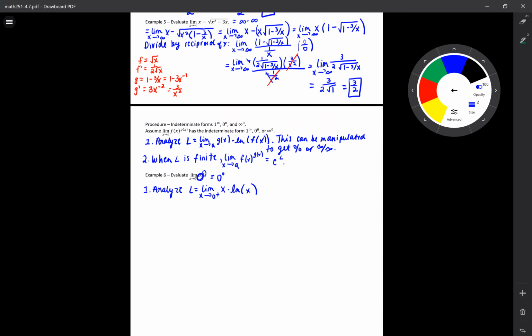Okay, well, what is the form of this? Well, that x will just give me 0, and the natural log of 0 from the right is infinity. So this is equal to 0 times infinity. We know what to do here, right? Now that I have 0 times infinity, I need to divide by the reciprocal of that x.